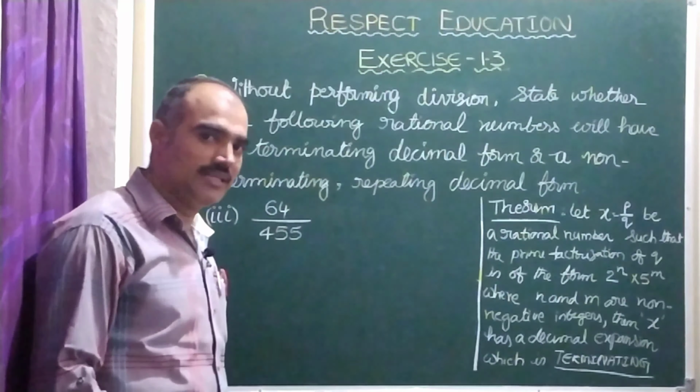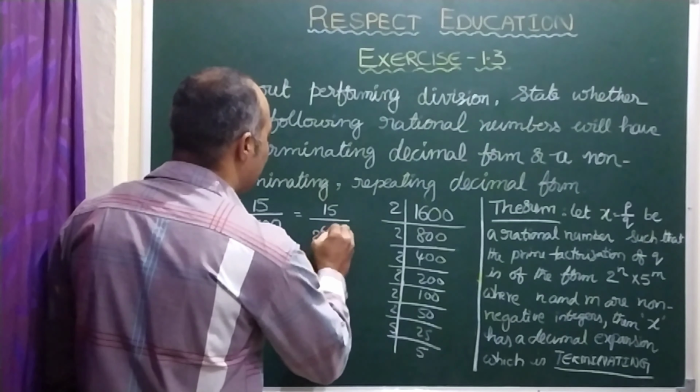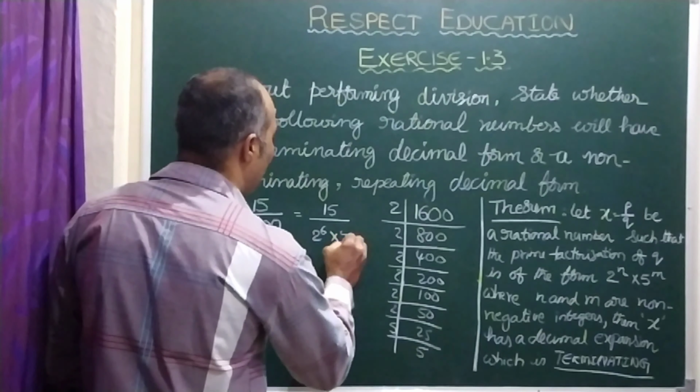Now let us do the next bit, that is the fourth bit, 15 by 1600. So here let us take q, that is 1600. Let us do the prime factorization: with 2, 800; with 2, 400; with 2, 200; with 2, 100; with 2, 50; with 2, 25; with 5, 5 fives are 25. So here let us write 15 as it is. Here you see 1 2 3 4 5 6, 2 power 6, 5 into 5, so 5 square.